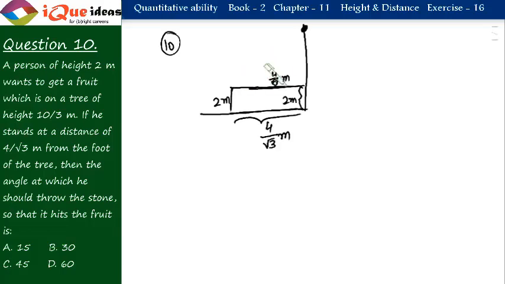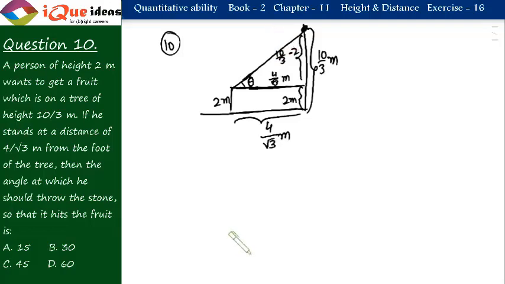Now let's join this. Let's assume this angle is theta. Now the total height of the tree is given as 10 by 3 meters, so this height will be 10 by 3 minus 2.